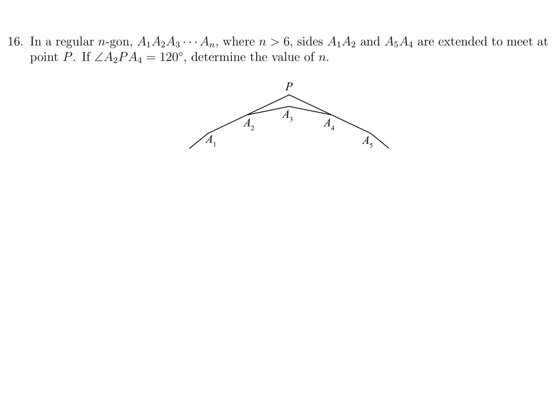So let's put a little dot in the center of this n-gon, and let's join these to that dot. So this guy, and so on. So that, and that, like that. Okay, now this diagram has already become kind of crowded.